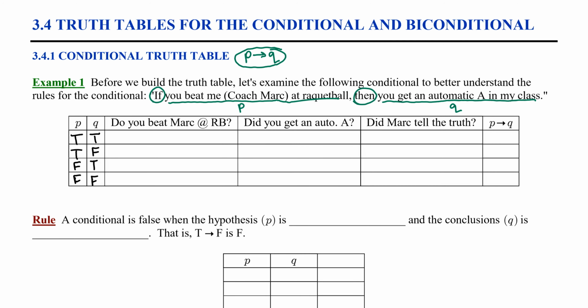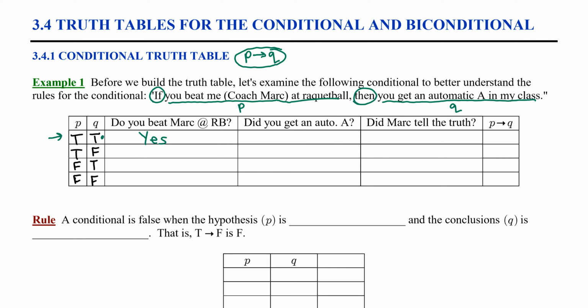So looking at row 1, we are going to assume that P is true. Remember, P is the statement you beat Coach Mark at racquetball. If P is true, then yes, you beat Mark at racquetball. That's awesome, right? Now, next question. Did you get an automatic A? Well, remember, statement Q is you get an automatic A in his class.